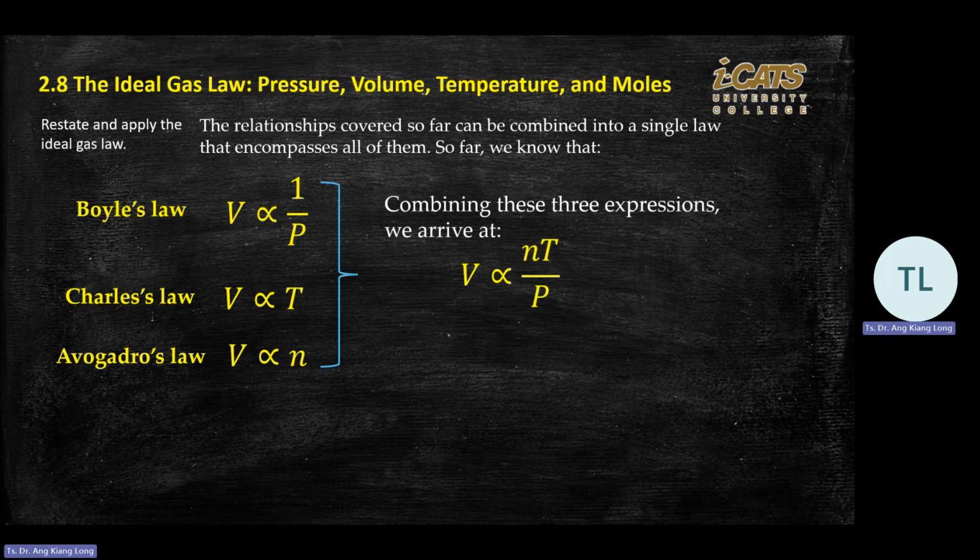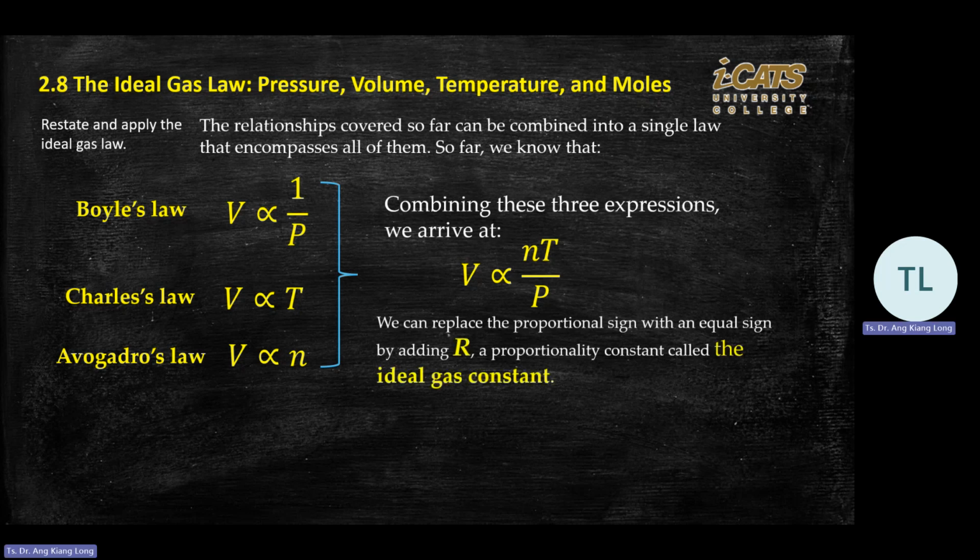Okay, we combine these and we get V proportional to nT over P. Straight away, we will use V equal to RnT divided by P, or I prefer another form.